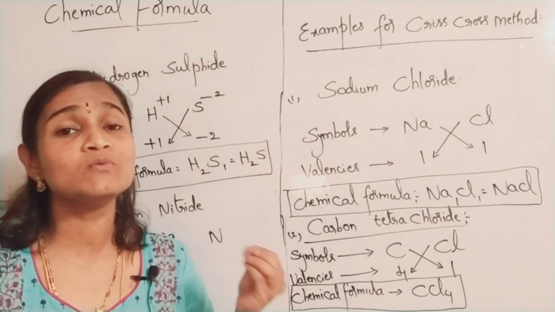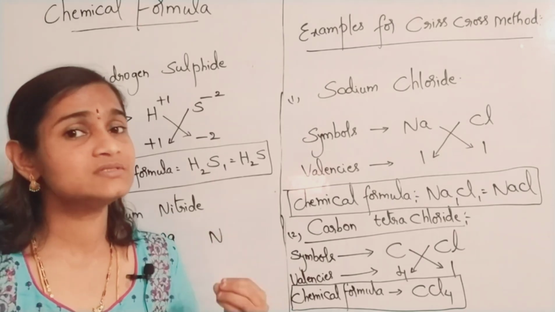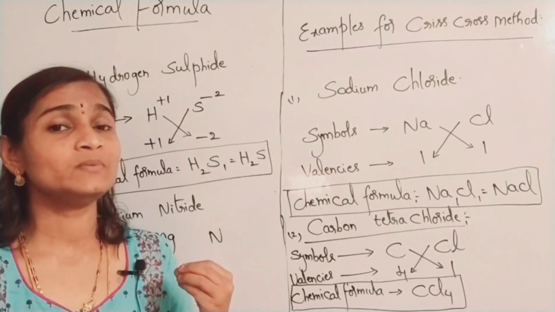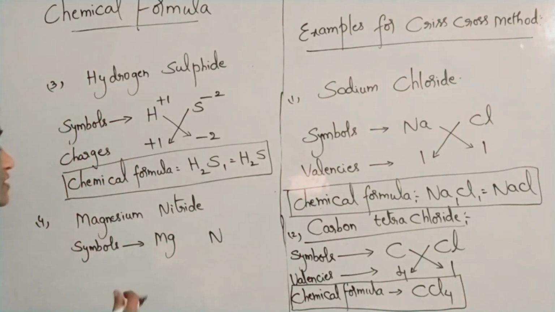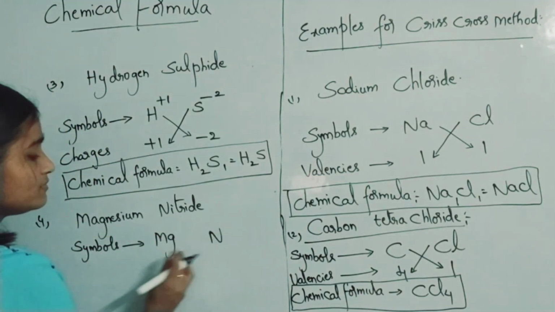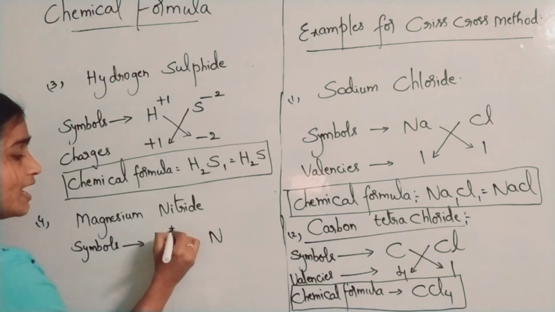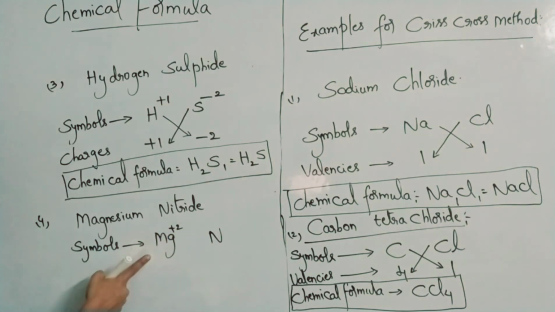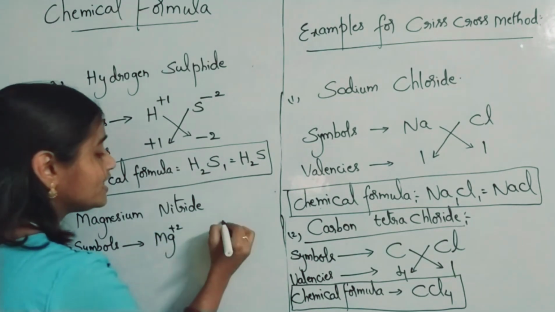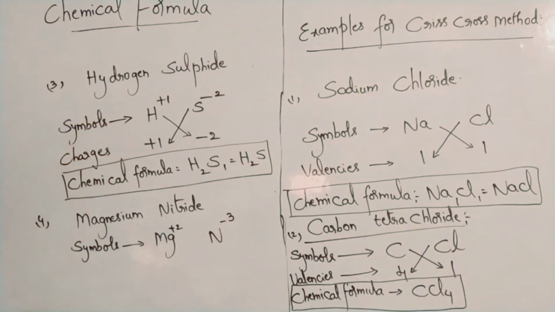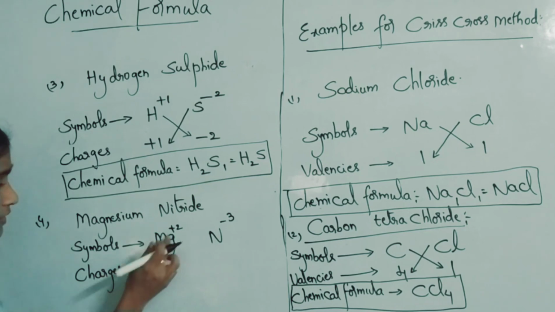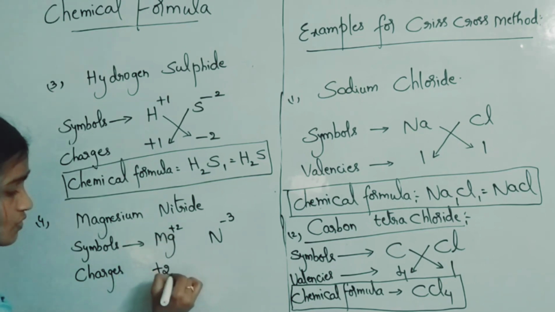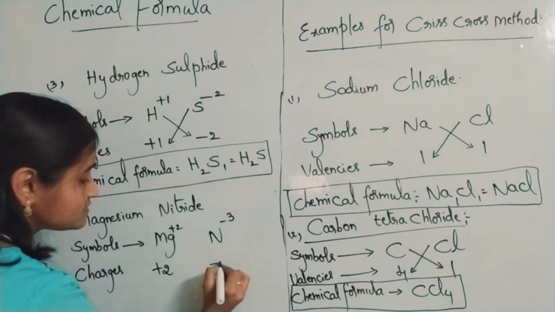So you have to be very thorough with the concept of ions as well. Magnesium, symbol Mg, has a +2 charge and nitride is -3. So write their charges down: magnesium +2, nitride -3.